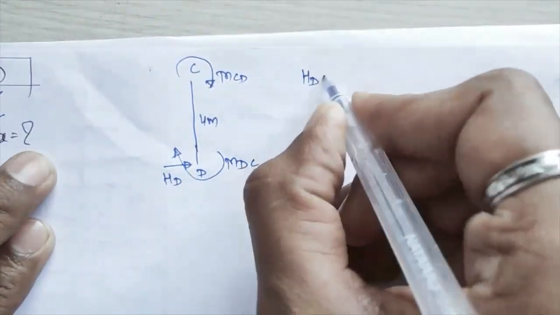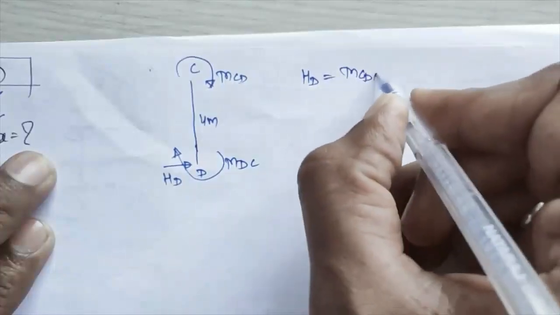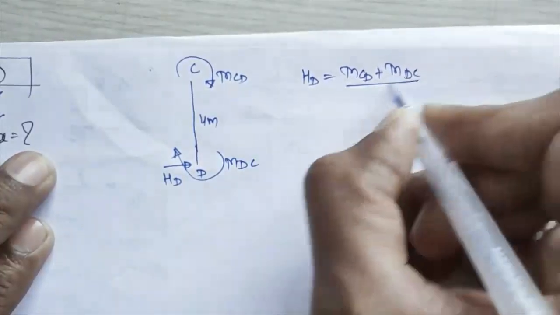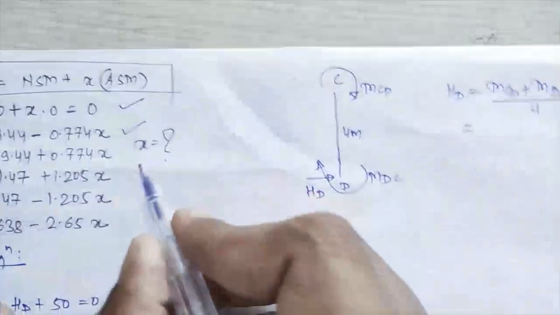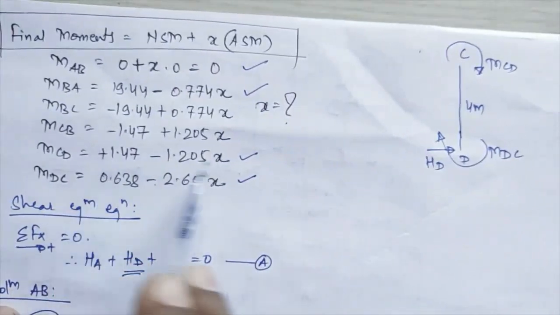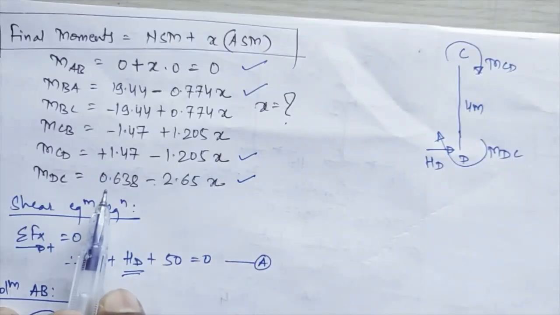So HD is directly MCD plus MDC divided by 4. I will substitute the MCD and MDC values, which are 1.47 minus 1.205x and 0.638 minus 0.265x.